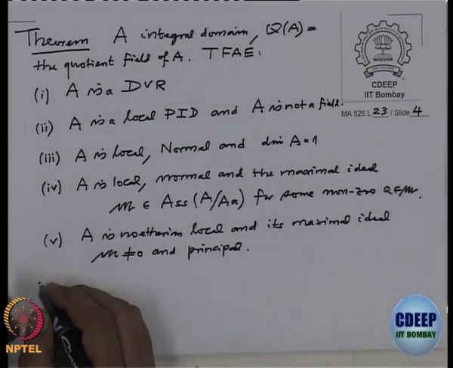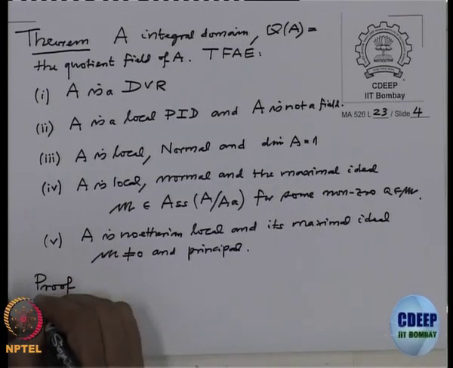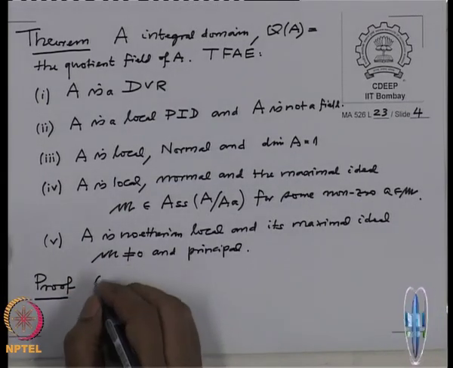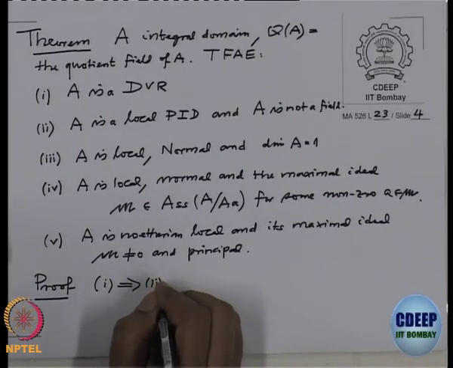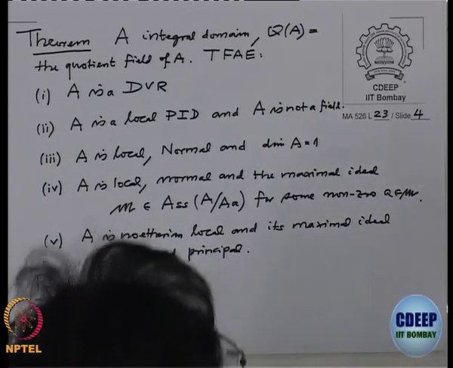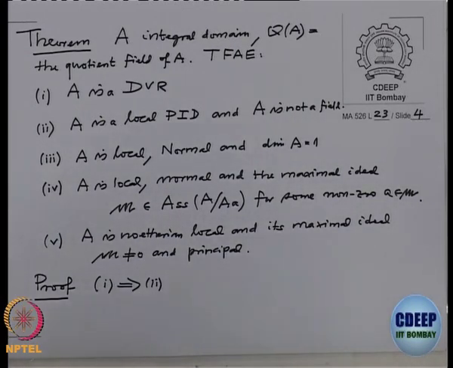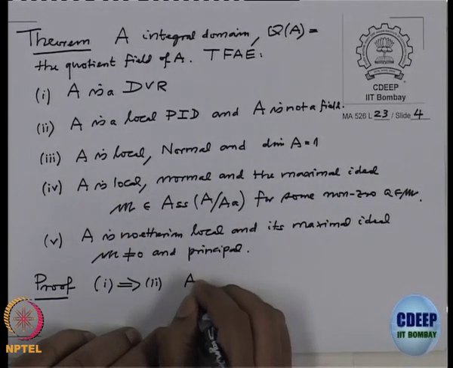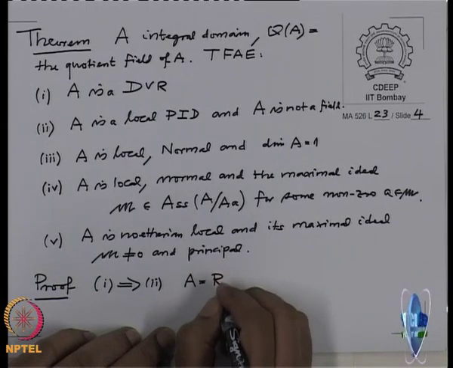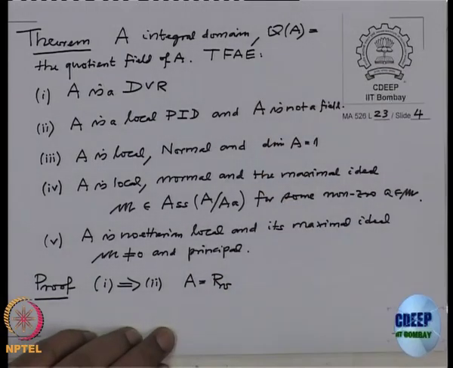So, proof. One implies two. Many of these proofs are simple. We want to prove now A is a PID and it is not a field. We are given it is a discrete valuation ring, so write A equal to R_V. We have seen above that R_V is local.